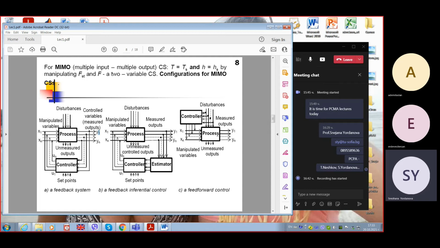This is a process for which we have information variables at the output and manipulation variables, which is also information, so we measure them somehow, and the connection between input and output, and the differentiation: what part of the input can be manipulated, can be changed by a controller or by an operator manually, and what other inputs we cannot change, but some we can measure, some we cannot measure, ambient influences, for instance.